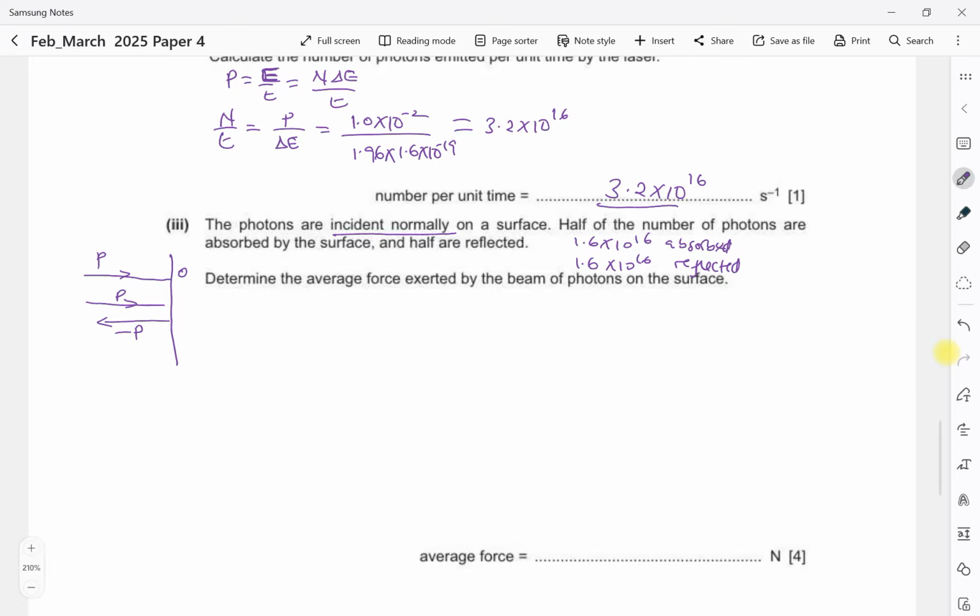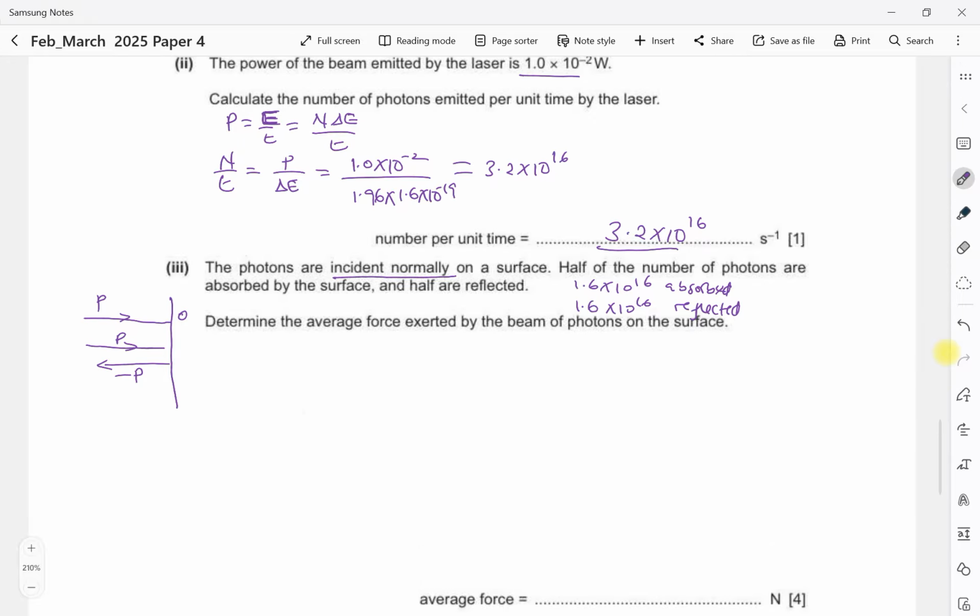So there are two ways I'm going to do this. Half of the photons each have a change in momentum of p minus 0, because they are absorbed.